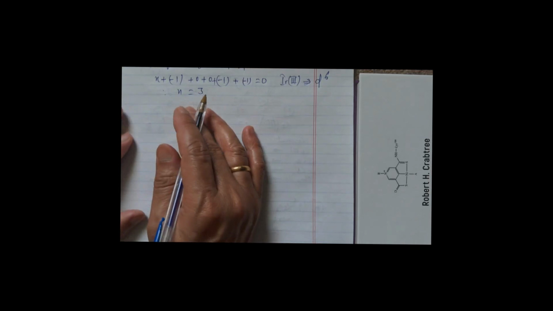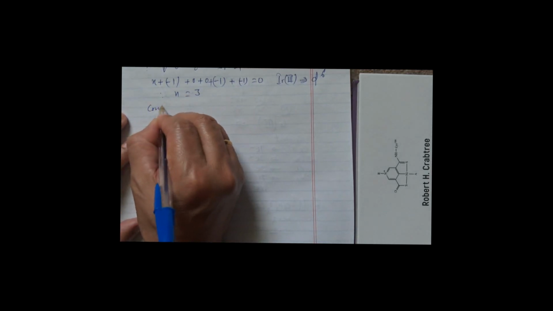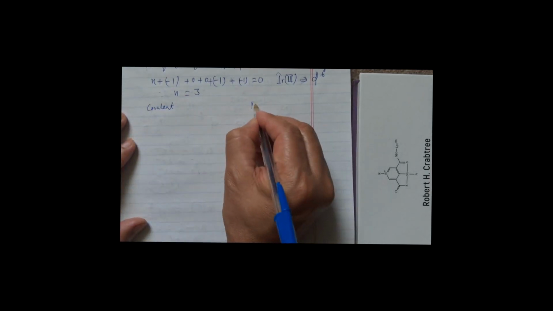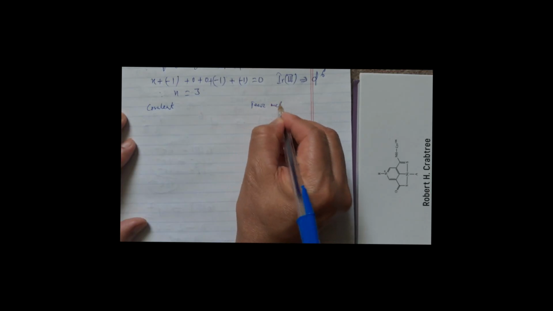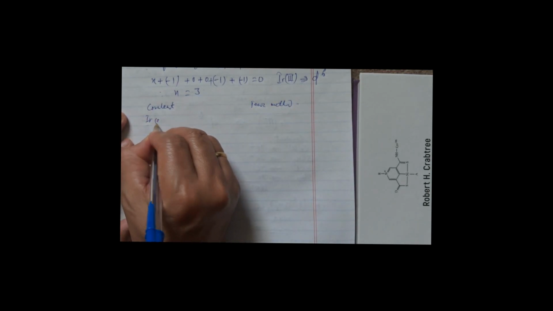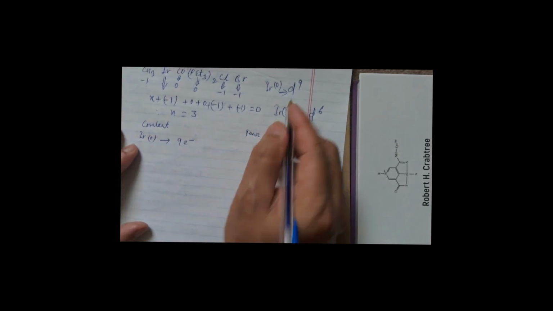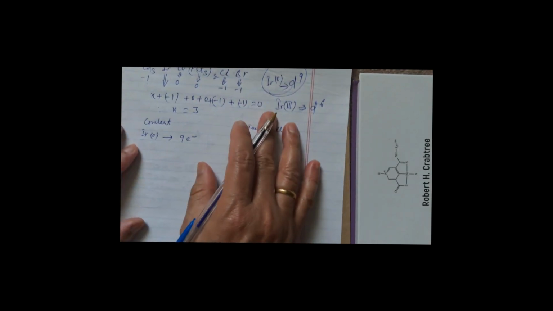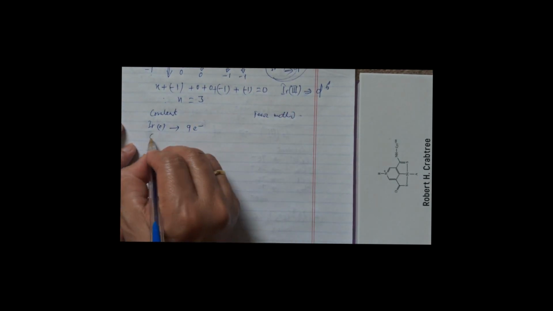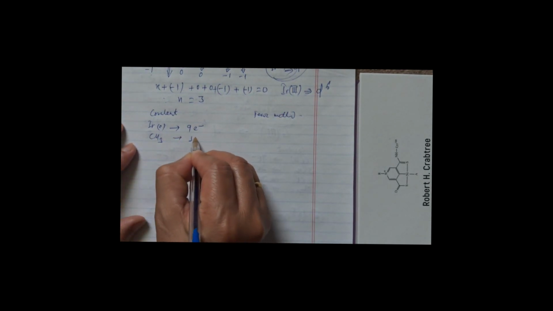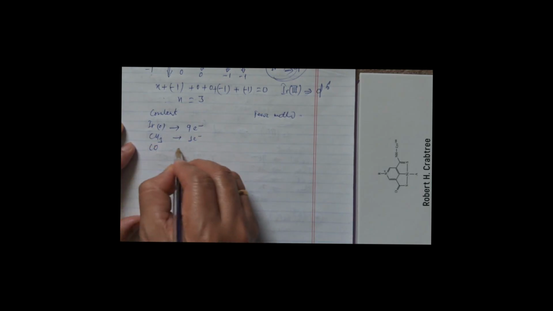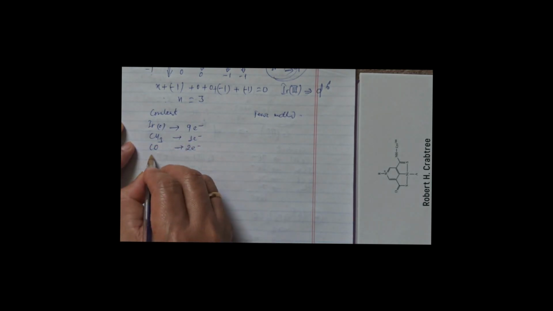So now let's count the number of electrons. Let's use the covalent and ionic methods both. For iridium, you need to have a zero oxidation in covalent, so 9 electrons in total. As you know, when it's a zero, it contributes the 9 electrons. So for CH3, 1 electron, carbonyl, 2 electrons.